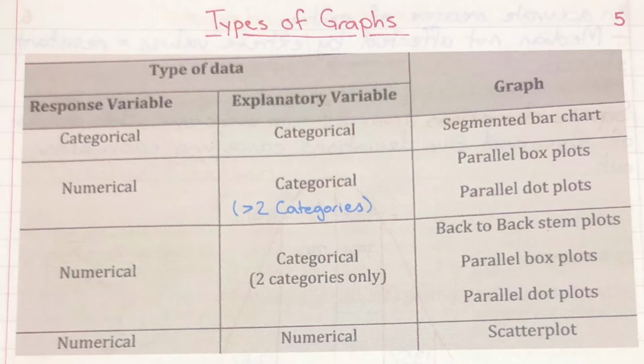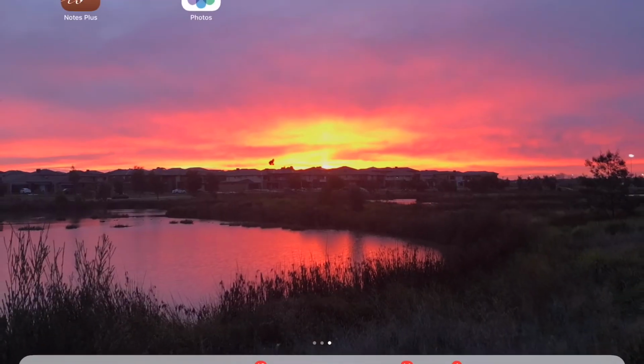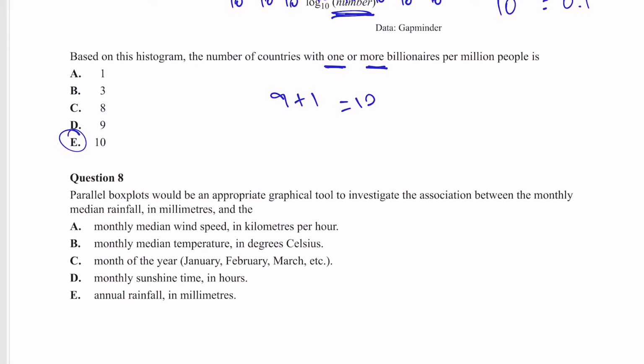So whenever we have a numerical value and a categorical value, we can use parallel box plots for that. So going back here, we want to look for something where we have numerical and categorical. It could be 2 or more categories present.